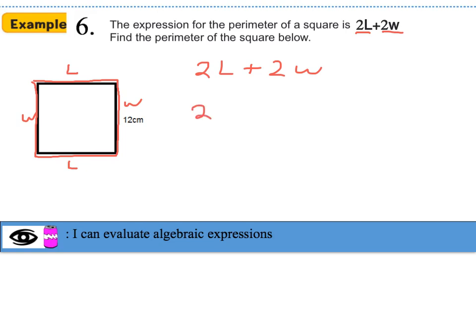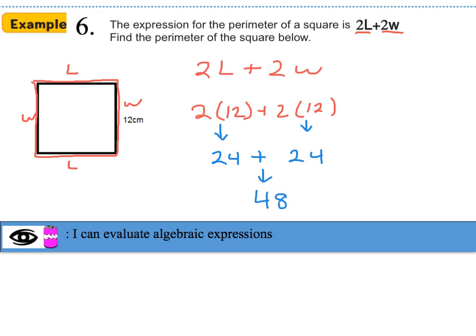So 2 times L, well, the L is worth 12, plus 2 times W, the W is worth 12 as well because it's a square. All sides are equal. Now I can go ahead and multiply 12 times 2, that becomes 24. And I can multiply 12 times 2, which is 24 again. When I add those two together, I get 48.